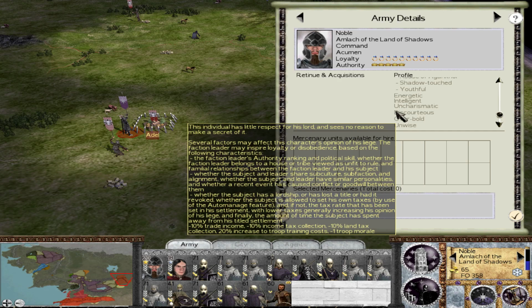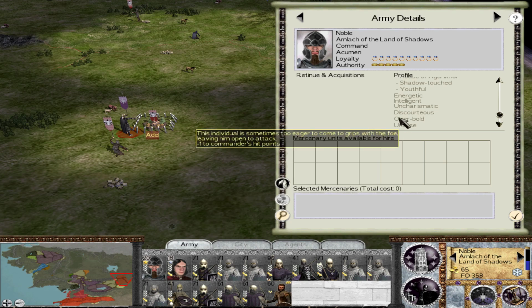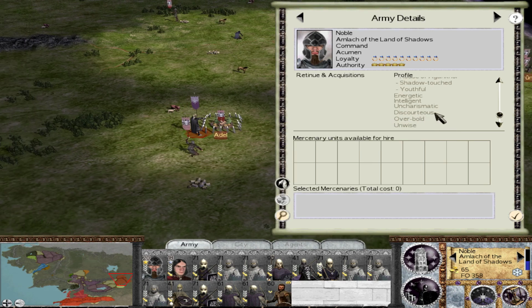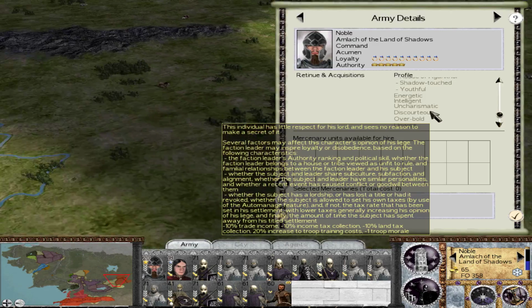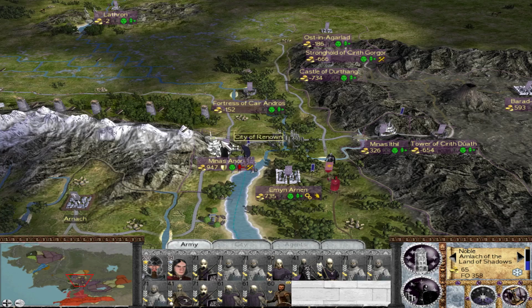It would be more expensive to train troops if he was the governor, and when he is the general, as he is now, commanding a field army, the troops who fight under him are going to have a small morale penalty. So, again, this can be worse than discourteous. This is not the lowest of that trait by any means. But you can manage it to some extent if you work on increasing your faction leader's authority.